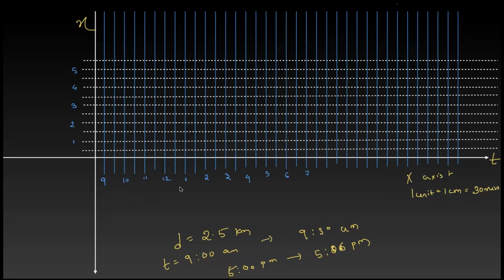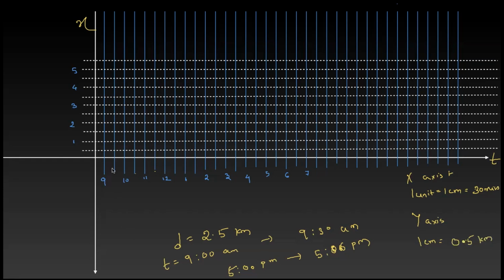Here I reckon 9:00, here 9:30, this is 10:30, this is 11:30. I have not written that here because it would look cluttered. And what about the y-axis? 1 centimeter is equal to 0.5 kilometer.